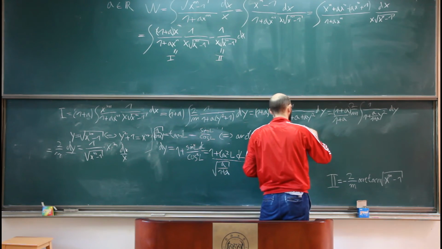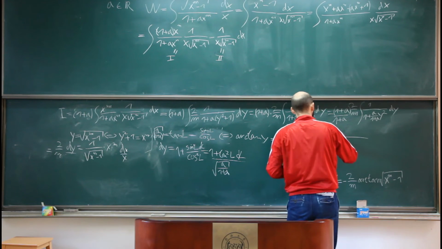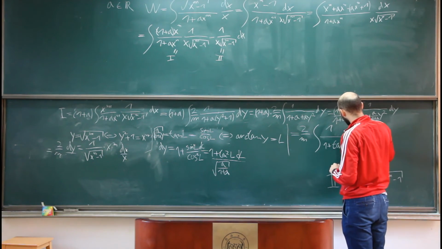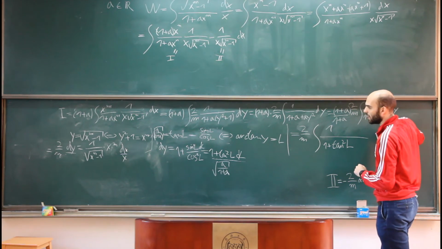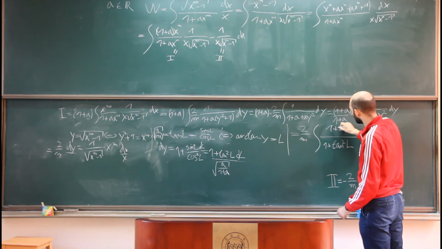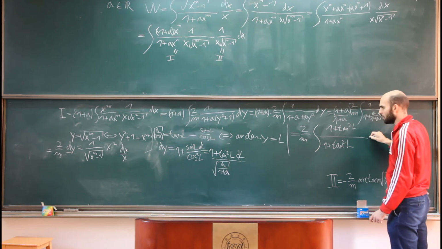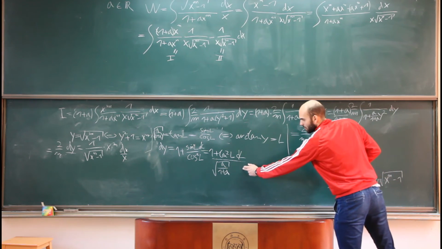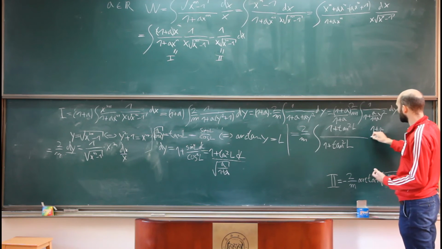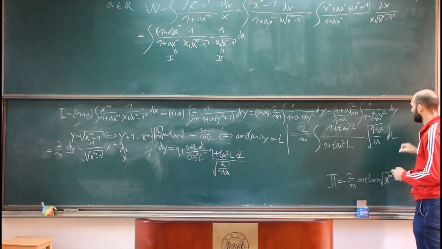This cancels out. We get 2 over m, square root of 1 plus tangent squared of L, and the dy is going to be 1 plus tangent L squared times this, or we can just take the reciprocal, so it's going to be 1 plus a divided by a dl.